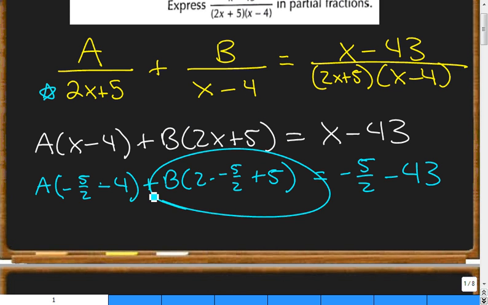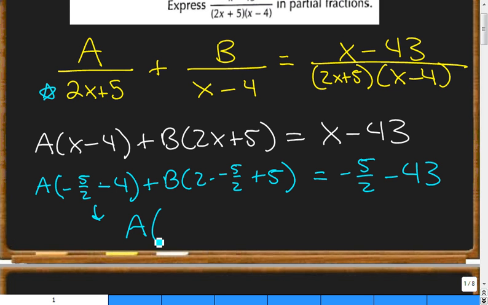This whole thing here zeroes out. And so we're just going to be left with this part. So this is going to be A times, so negative 5 halves minus 4 is going to be negative 13 halves. And negative 5 halves minus 43, so that'd be negative 86 halves, so this would be negative 91 halves.